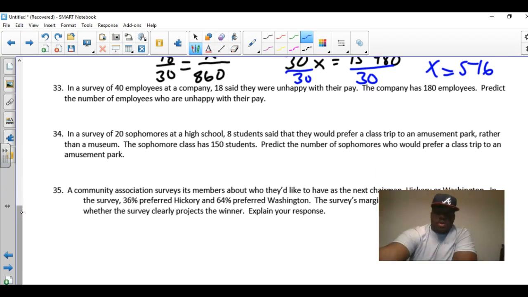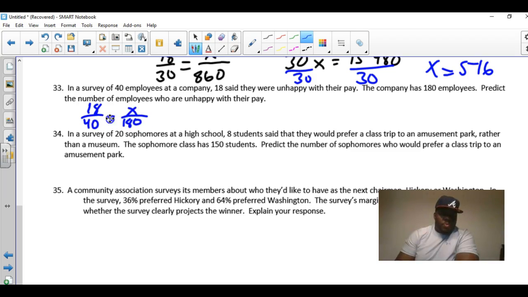Now, number 33. In a survey of 40 employees at a company, 18 said they were unhappy with their pay. We can set up a ratio: 18 out of 40 is the sample. There are 180 employees, and we want to predict the number who are unhappy with their pay, so x out of the total 180.